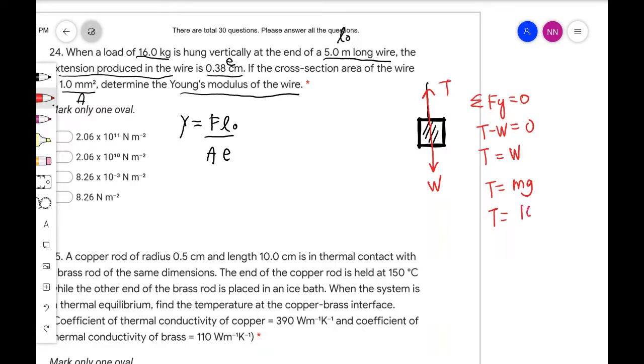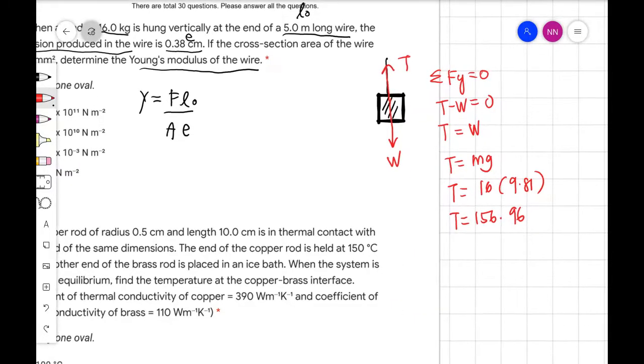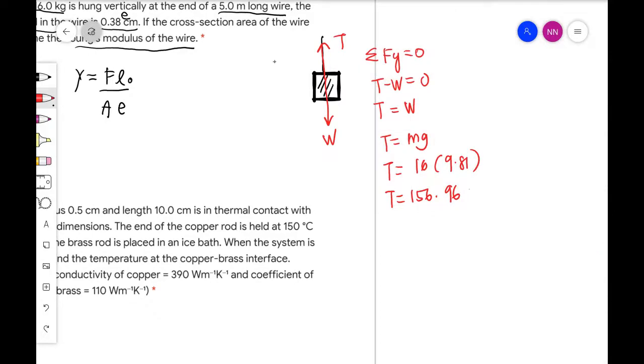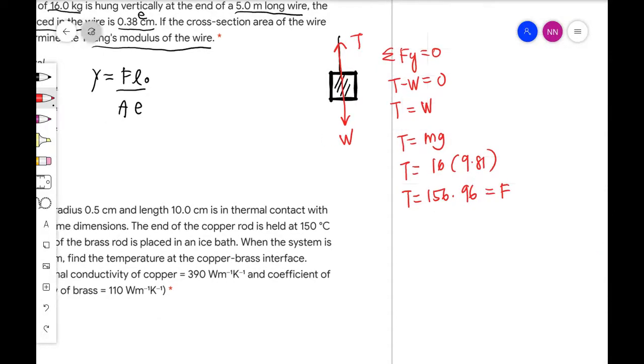Substitute mass 16 and g 9.81. So we have T equals 156.96. This is the tension of the wire. The tension of the wire is actually the force on the wire.